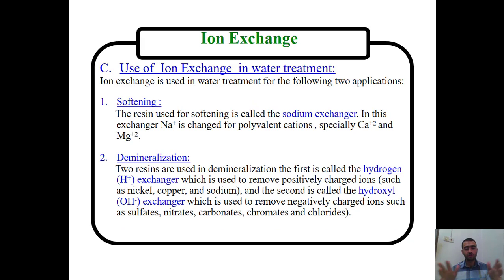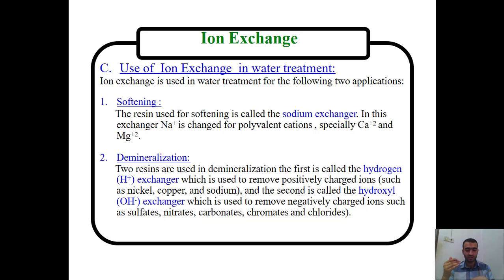So what are the main applications of ion exchange in water treatment? First of all, softening. Softening is a very popular treatment method of water, especially for drinking water. The resin used for softening is called the sodium exchanger. Why?